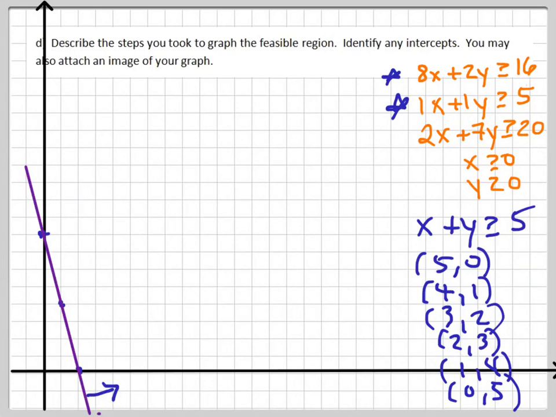I tend to like intercepts, so I'll choose 5, 0. That's here. And 0, 5. It looks like 1, 4 is also another point that's going to intersect with the line that I already have, so that's good as well.